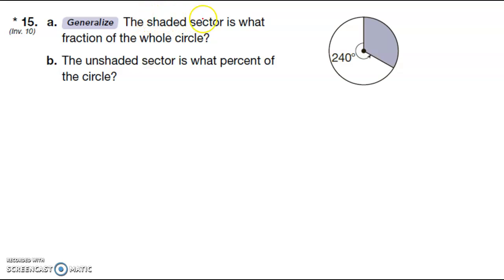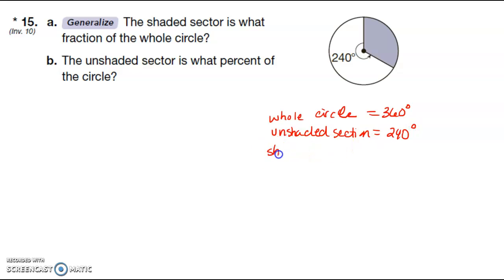All right. The shaded sector is what fraction of the whole circle? So if the whole circle is 360 degrees and the unshaded section is 240 degrees, the shaded section is equal to 360 minus 240, which is 120.